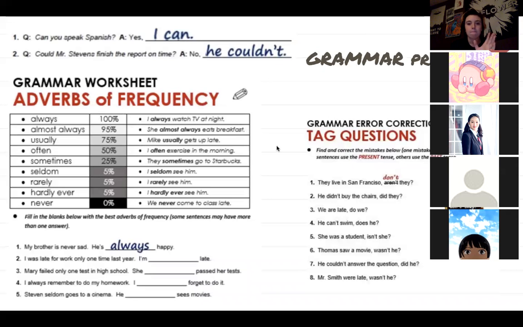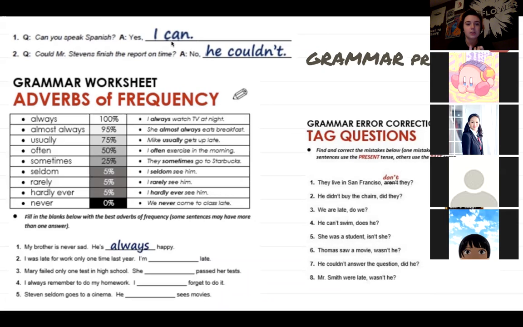Okay, and here's the third one. This is just some clips of different grammar worksheets that you can reference. This one on the top: can you speak Spanish? That's a question, and then it would be an answer where you already begin the statement. Can you speak Spanish? Yes, I can.